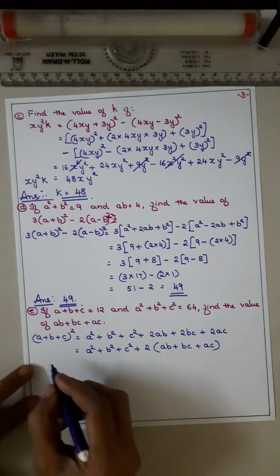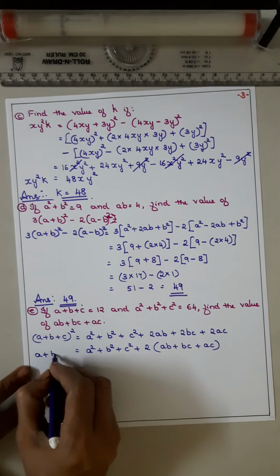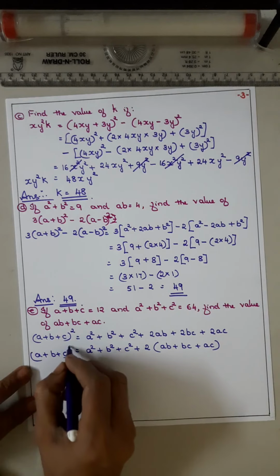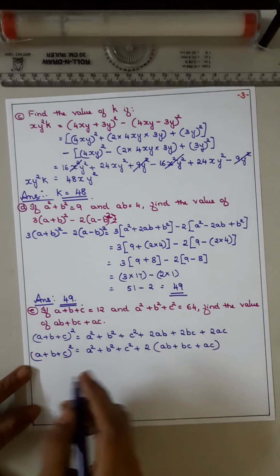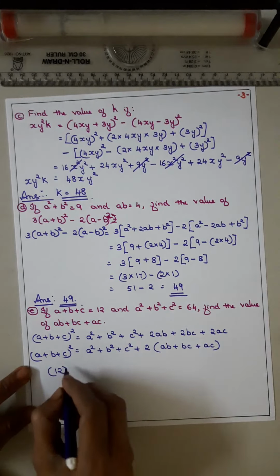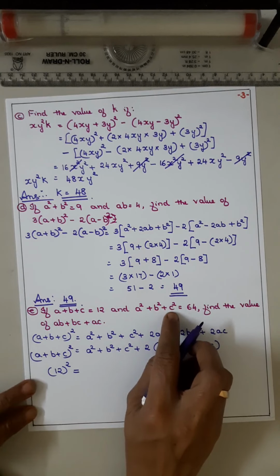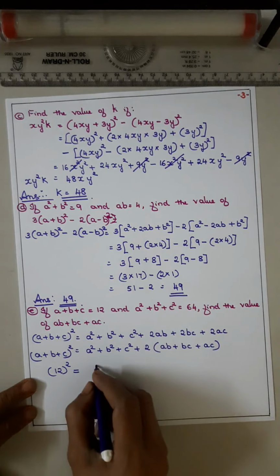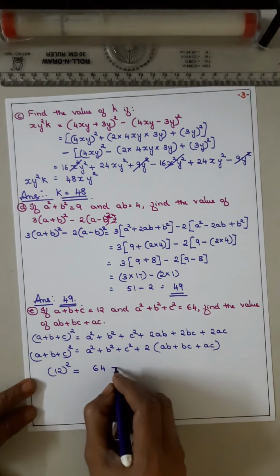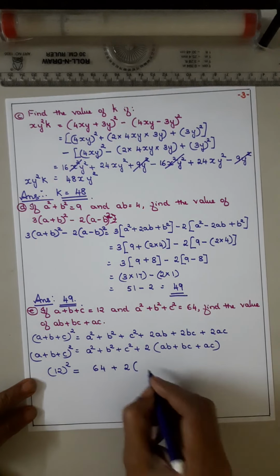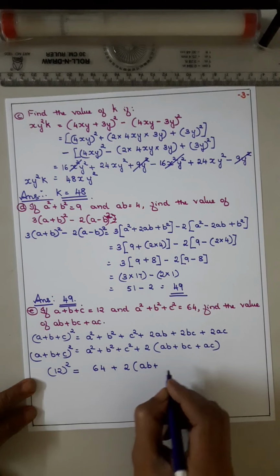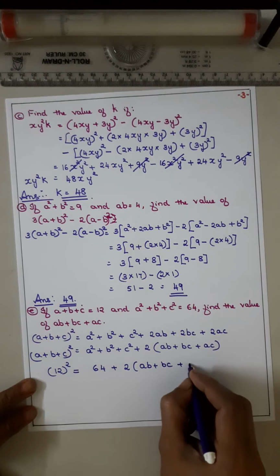Now they have given the value of a plus b plus c. How much? 12 the whole squared. a squared plus b squared plus c squared. How much? 64 plus 2 bracket ab plus bc plus ac.